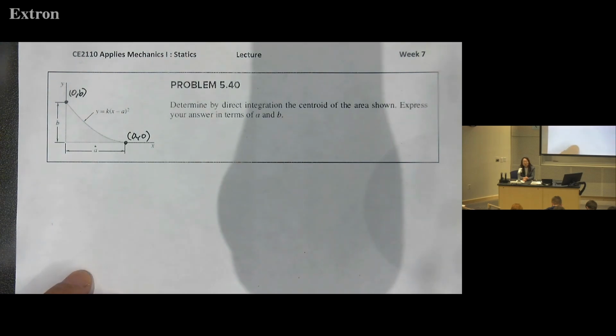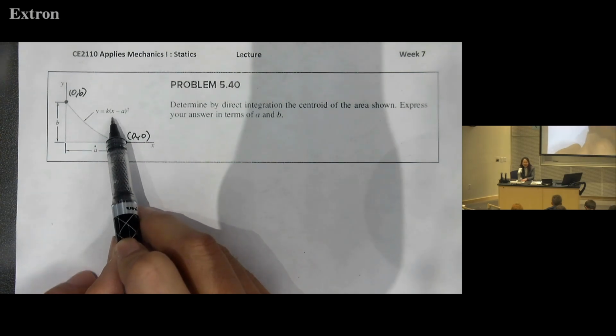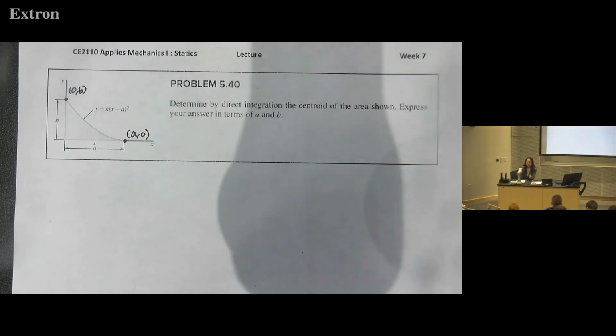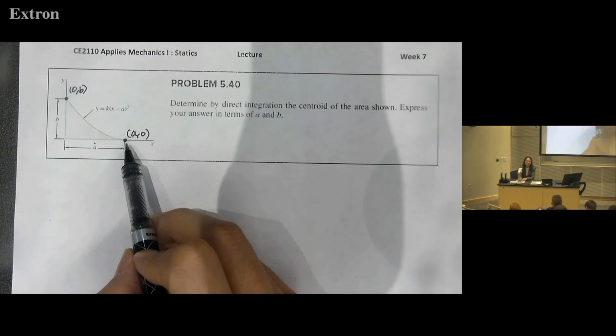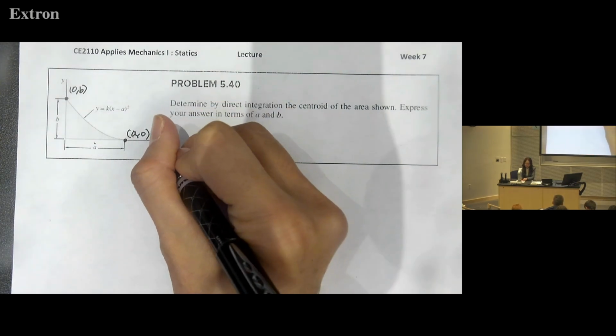Which one would you choose? A comma 0, then 0 equals 0, and that is kind of trivial. You can try, but it will not give us good information. So check, but it's not good.